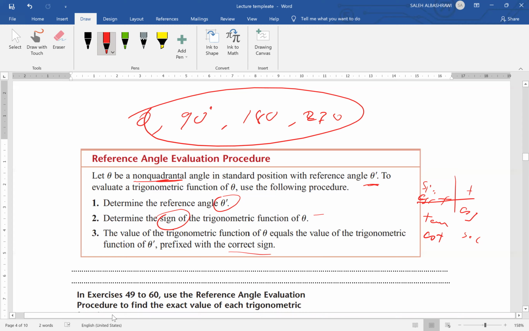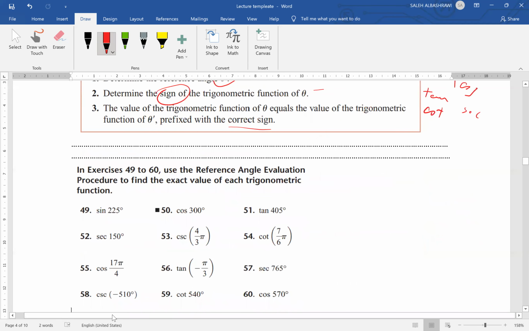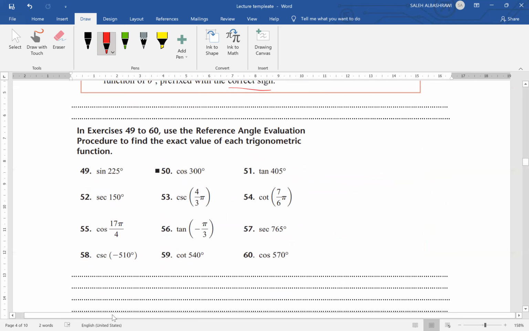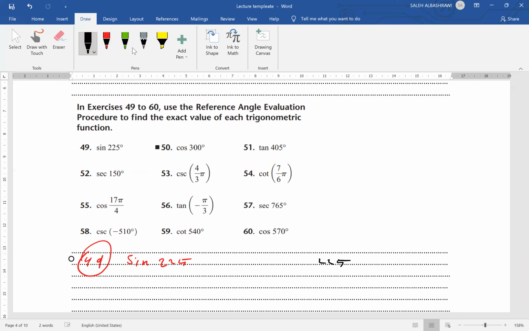To explain this in detail, let's have these examples. We need to evaluate or find the exact value of each trigonometric function. Question number 49. We need to find sine 225. Let's see this. 225 is in the third quadrant.